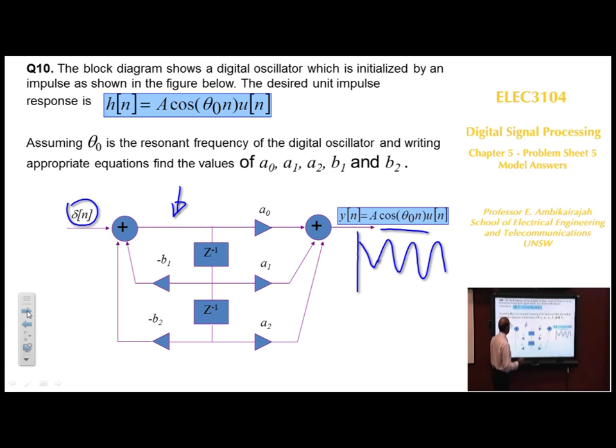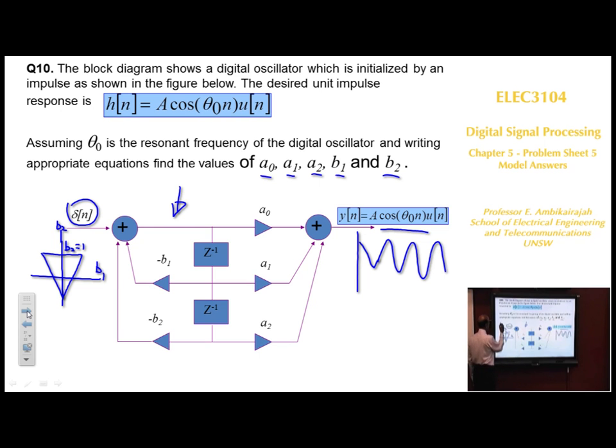And in order for that to happen, what should these values be? So it's a basic digital oscillator question, and we have learned that yesterday. The second order, the B2 and B1 stability triangle tells you that for an oscillator, B2 should be equal to 1.